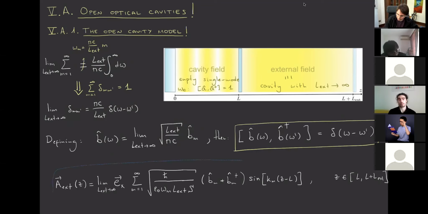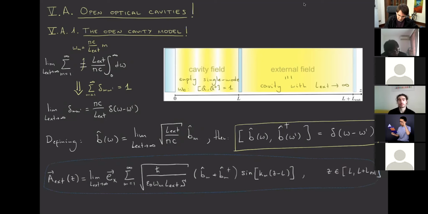So then once we have done this, we can finally write the external quantized vector potential in the following way. So we will have polarization EX. Now the sum over M has been replaced by an integral over frequencies.